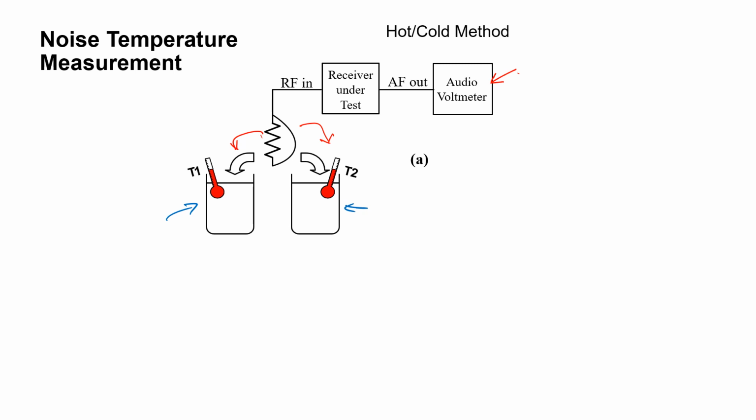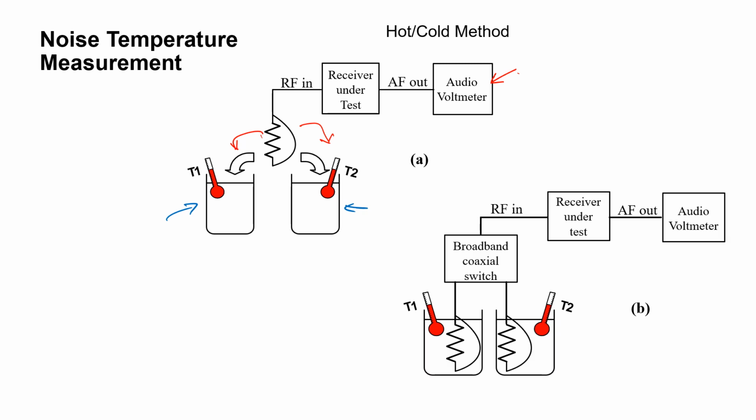So we just compare those two outputs, and from the equation that we have done before, we calculate our variable Y, and by calculating Y, we are able to get to the T receive, or Trx. So yeah, that's how it's done.